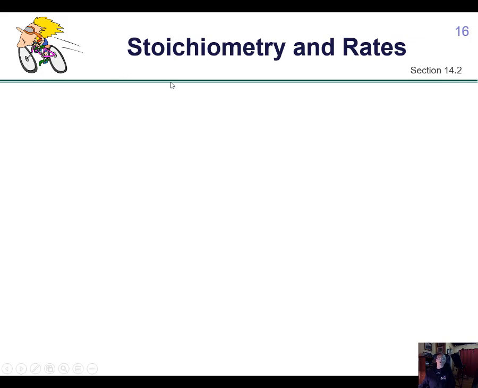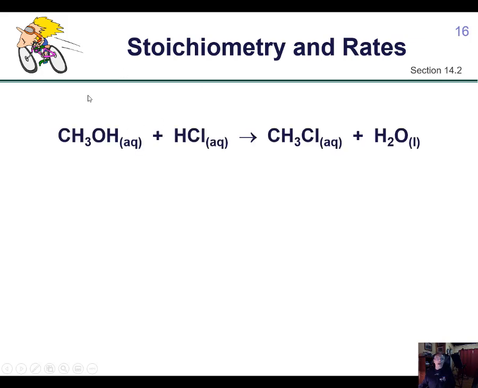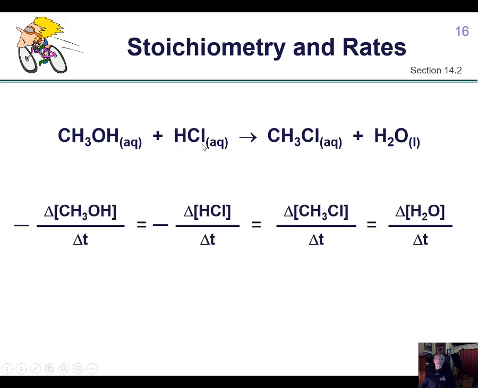That's what stoichiometry represents. Now, we looked at the reaction of methanol plus hydrochloric acid making chloromethane and water, and all of our components in this reaction have coefficients of 1. So the rate of disappearance of methanol will equal the rate of disappearance of hydrochloric acid, which will equal the rate of appearance of chloromethane, which will equal the rate of appearance of water.